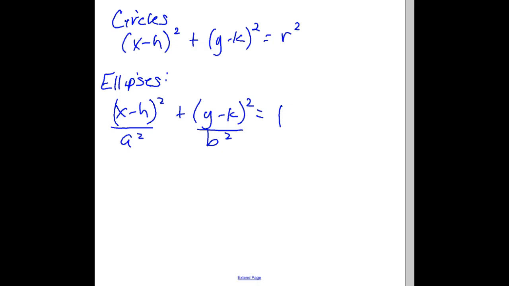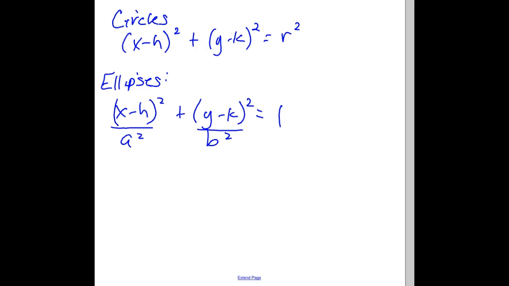The distance from center out to a vertex, yes? So your a's, b's, and c's are lengths, right? They're distances. A gets you to your vertex, but it isn't the vertex. Does that make sense? Okay. So a is the distance that takes you from the center out to a vertex.